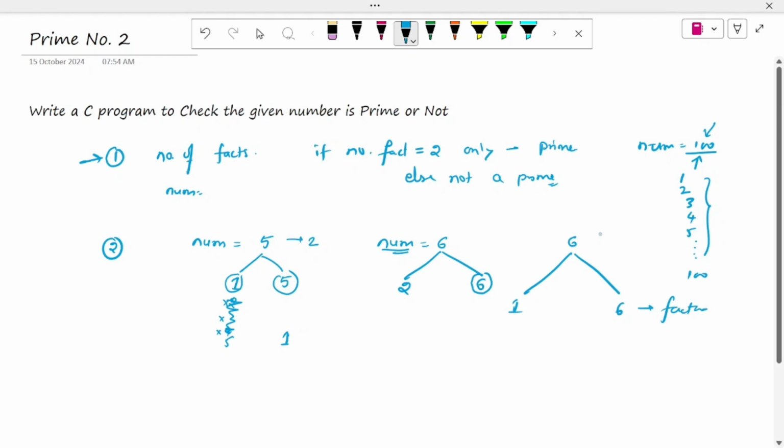You need to identify one more factor which is not 1 and 6. For example, if you try dividing it by 2, after 1 you are going to get 2. If 6 is divisible by 2, then we can say that 6 is not a prime number, right?